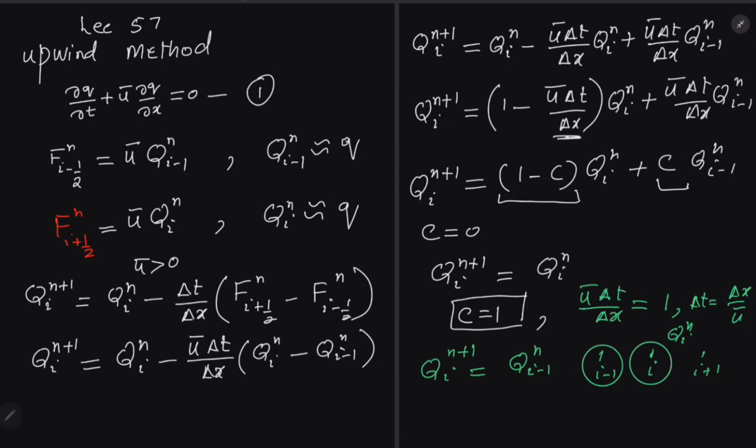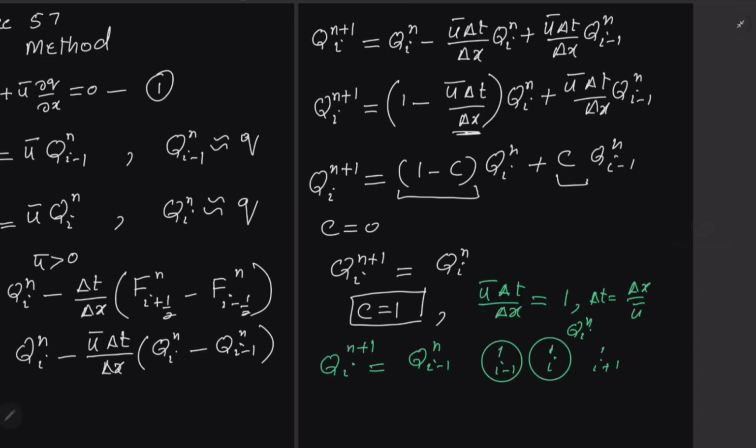Let me write it another way, to explore how it is different from another method. So our numerical method is Q_i^{n+1} equals Q_i^n minus U bar delta T by delta X, Q_i^n minus Q_{i-1}^n. So that is the numerical method.